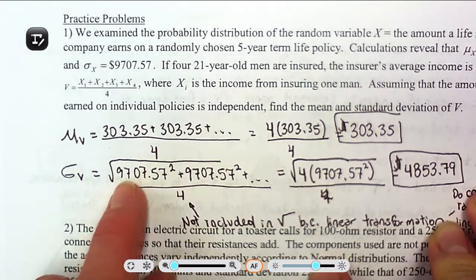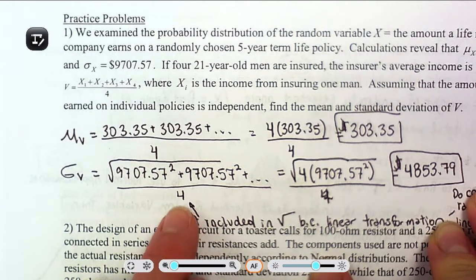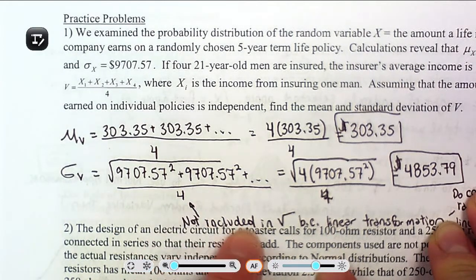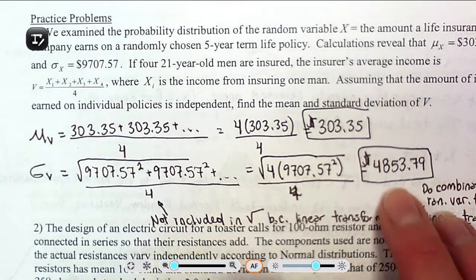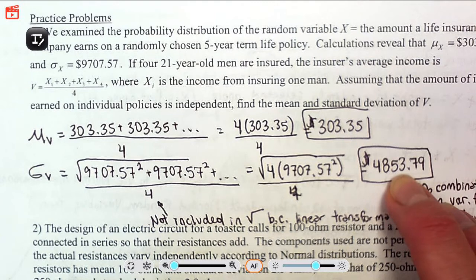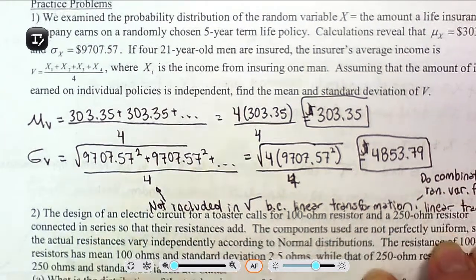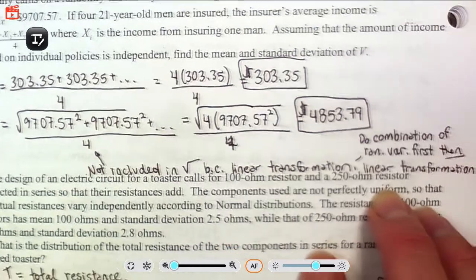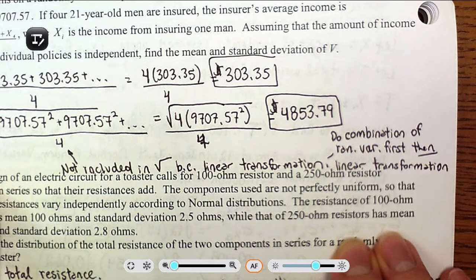But the standard deviation is their variances added up, then square rooted, and then divided by 4. So we do that right there, and we get 4,853. So do the combination of random variables first, then do the linear transformation.